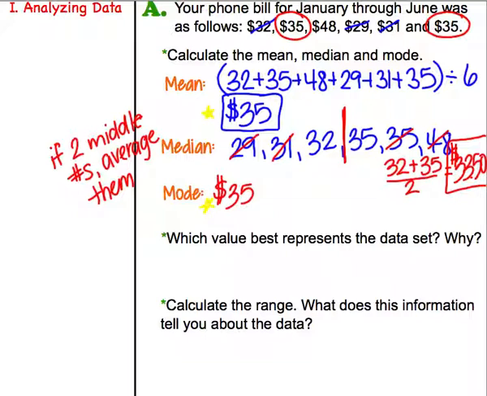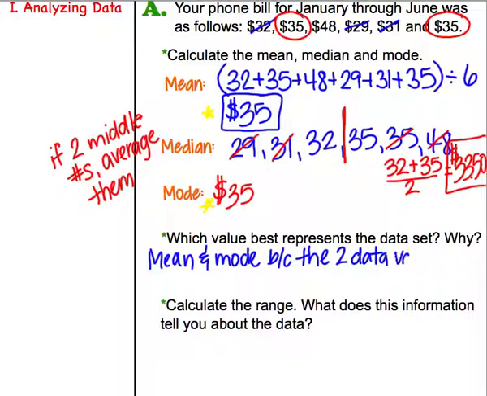So I'm going to say that the mean and the mode are the best values, and I'm going to put down "because," and I'm going to use B/C for because, and I'm going to say that it's because the two data values were exactly the same.